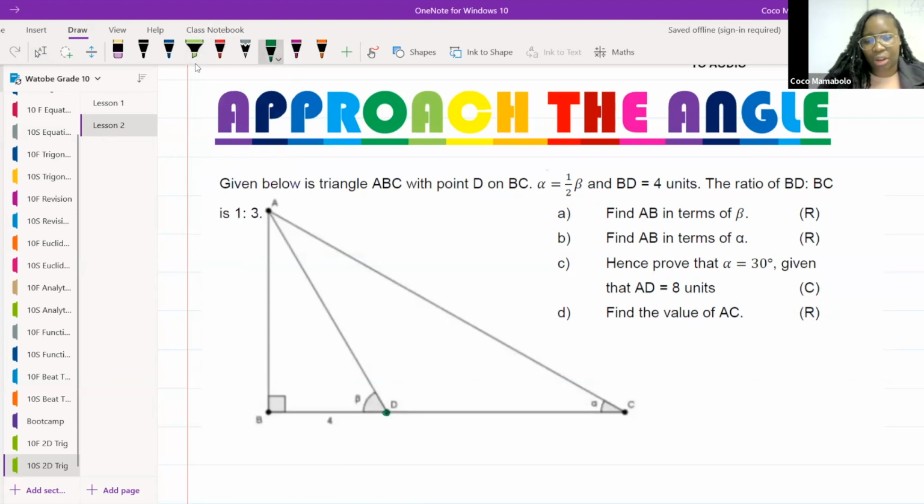Just making sure there's our point D, A, B, C. Now it says angle alpha, which is the angle over here, is half of the angle theta. So what this tells me is, if my angle theta was 60 degrees, how much would my angle alpha be equal to?